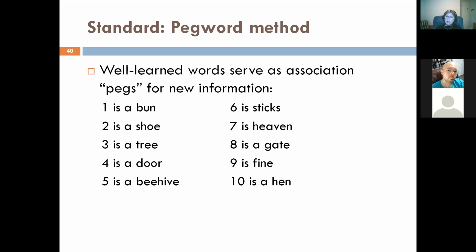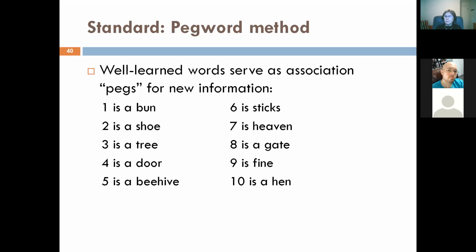So if you now take your list of, in this case, 10 words that you have to buy, and connect each one of them with one of these pegs, those words from 1 to 10, by creating vivid, unusual, even racy images, that's fine, as long as they are memorable.